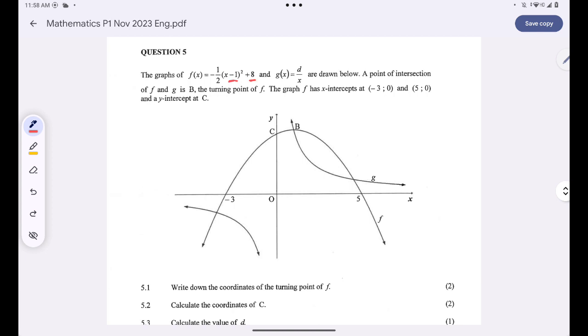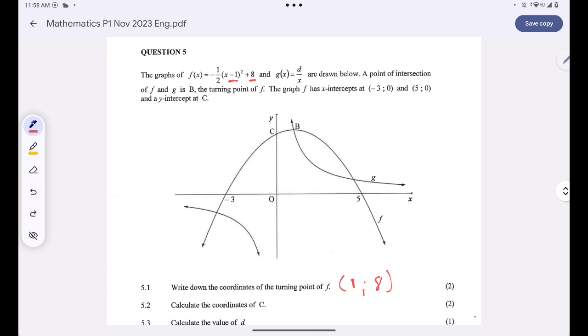So our turning point, I'll have 8 there, and then I'll have a +1. For x it always changes sign, but for y we just leave it like that. Since we had a -1 there in the brackets, we must write it as +1 whenever we write the coordinate of the turning point.